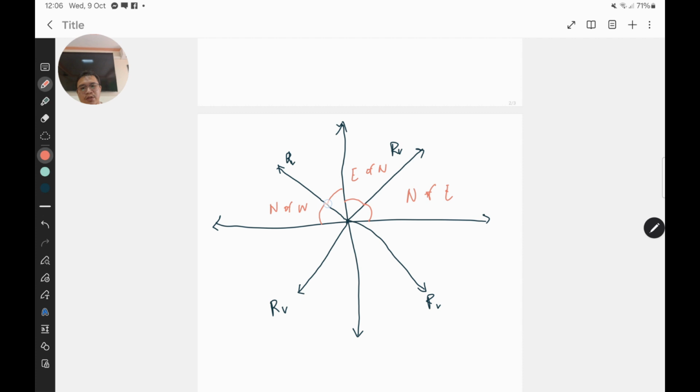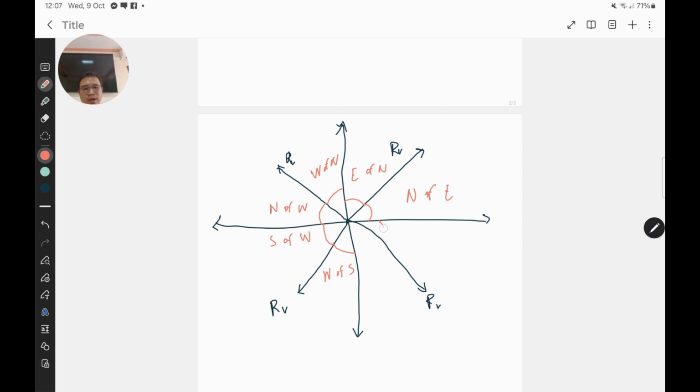If the angle given is here, that is the west of north direction. If the angle given is here, then this is what we call south of west direction. If the angle given here is on this side, then this is what we call west of south.